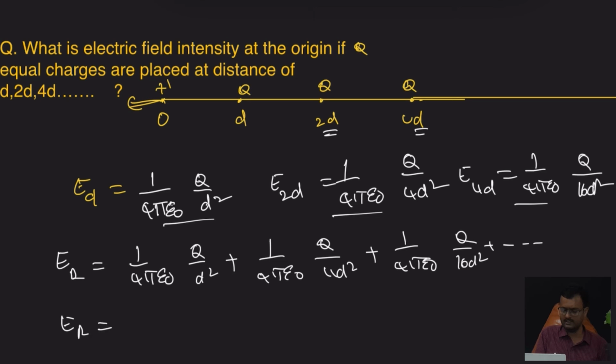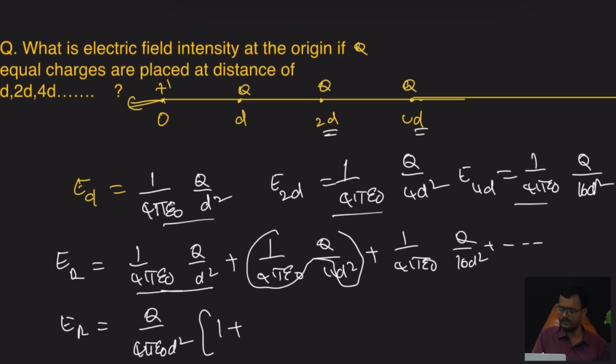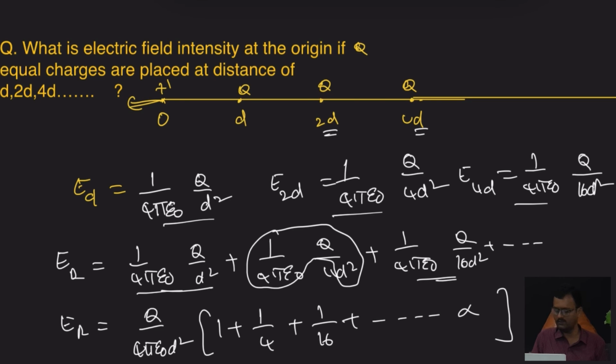E resultant is equal to Q by 4 pi epsilon naught d square, which is common in all the terms. In the first term it becomes 1. In the second term, 1 by 4 is left. From the next term, 1 by 16, and so on, so that is infinite.